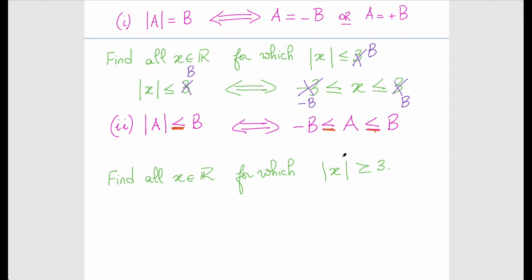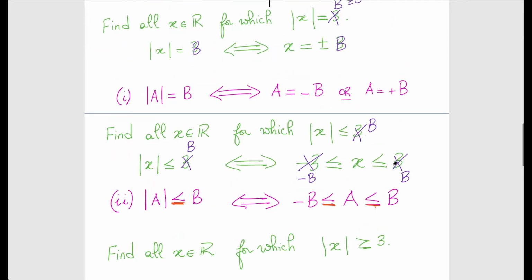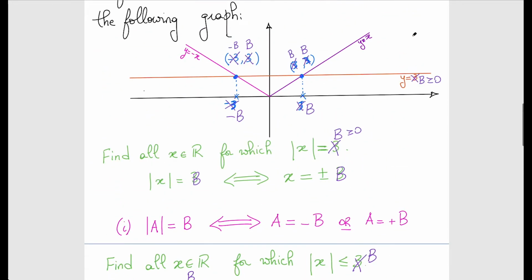So geometrically, this means I want to see where this v-shaped function is dominating or equal to the orange function, right? So let's go to the picture. Where is the v-shaped function dominating or meeting, intersecting the orange function? So we're talking about, this is where they meet again, right?